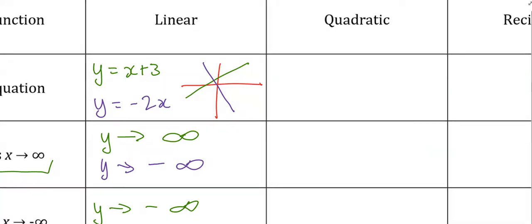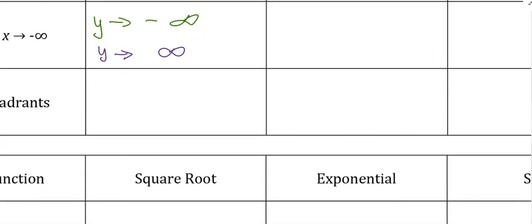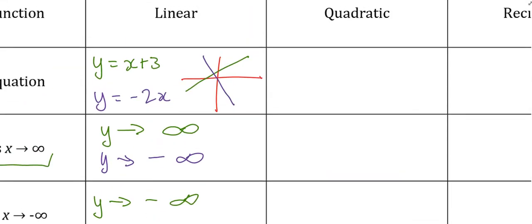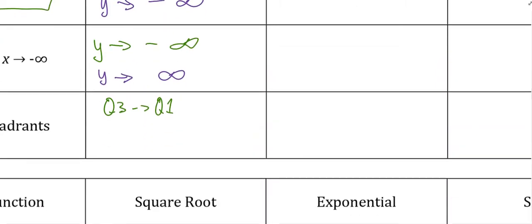And the purple graph starts in quadrant 2 and goes to quadrant 4. That one's a little bit easier. I still don't fully get the other end behavior, but what you need to understand is they're saying the same thing. As x goes to positive infinity, y goes to positive infinity is saying the same thing as going up to quadrant 1.